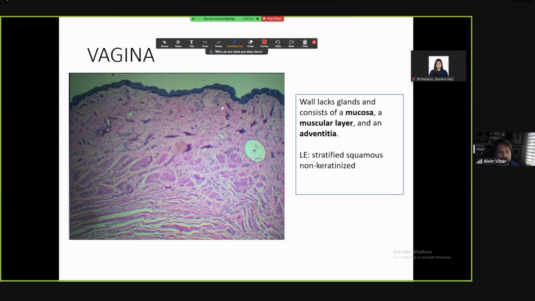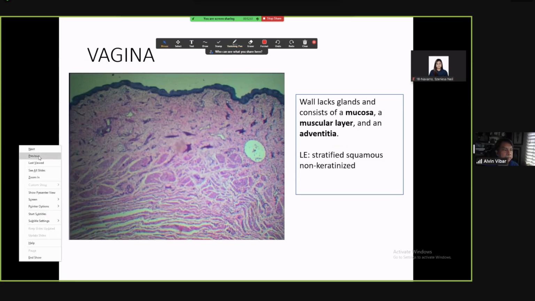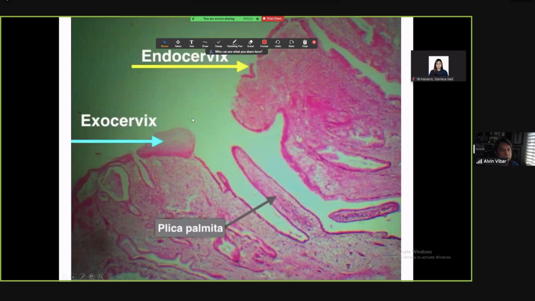So if we're going to show you that, let's go back ha, balikan po natin ha. Baka magkamali po kayo eh. Previous. So if we focus this way, you don't have to answer as vagina. Kasi nandito ka po sa junction. Okay? So nasa taas ka pa. You are at the junction between your endocervix and exocervix.